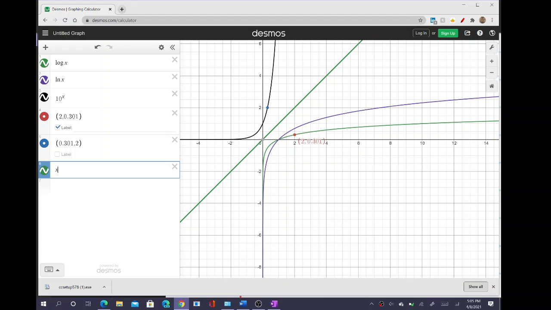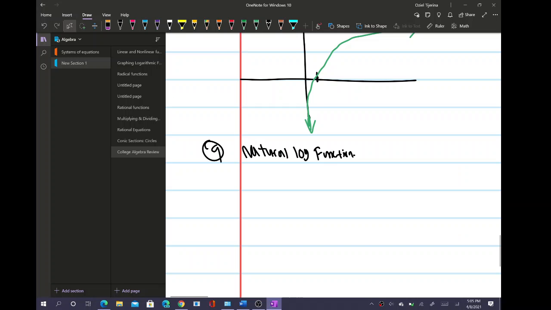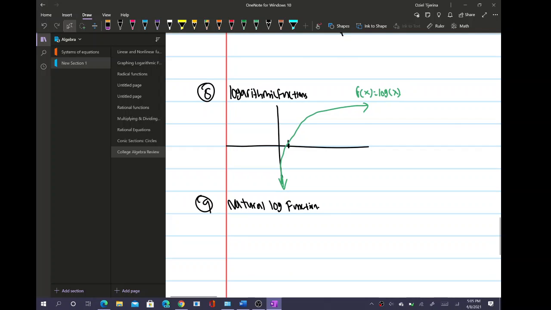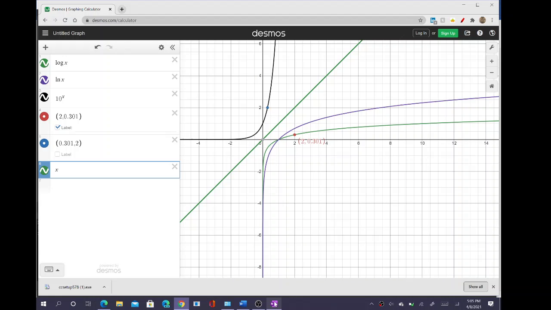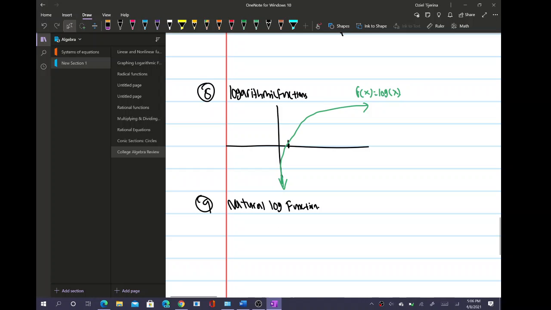Inverse is another topic that I will go over, but that's kind of the difference between the natural log and the regular log functions. Natural log goes a little higher than normal log. It's kind of the same thing.